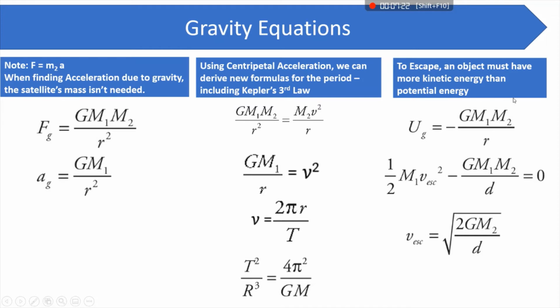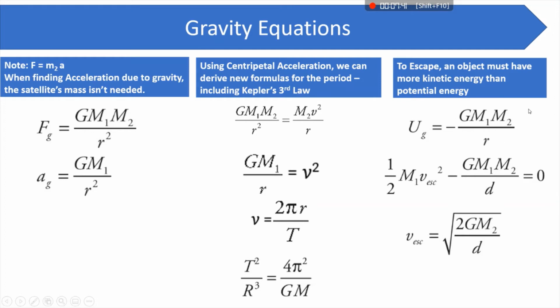Now, because your gravity is constant, your mass is constant, and your mass 2 is constant, this is really just r to the negative 2 power that we have to integrate, which will end up giving us negative r to the negative 1 power, or our potential energy here.